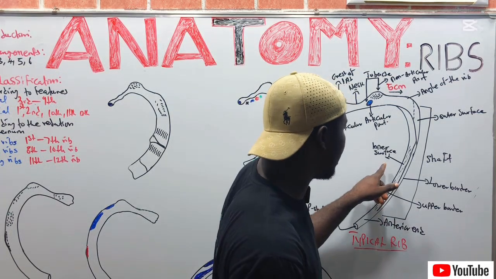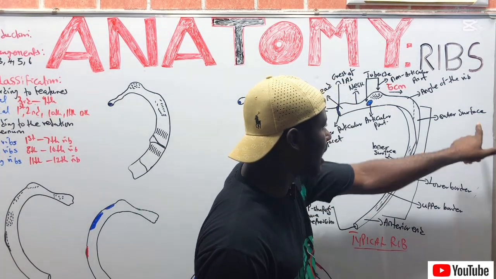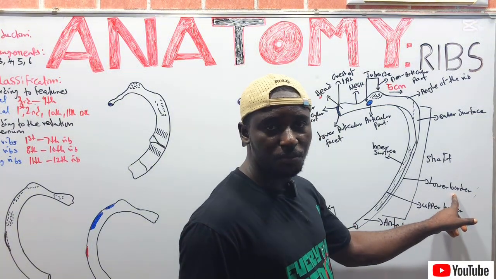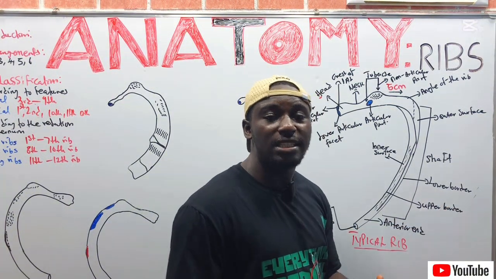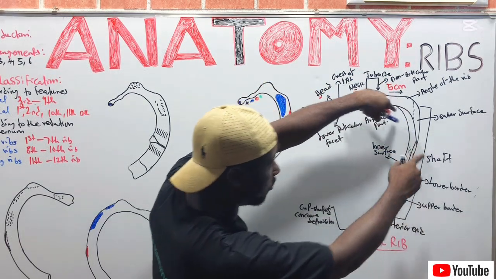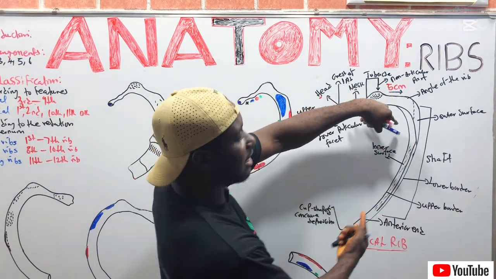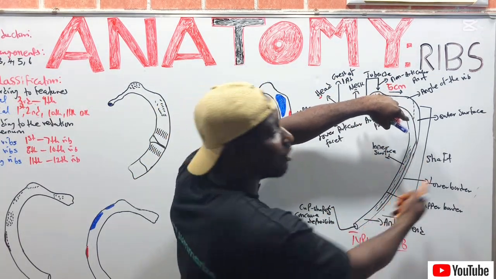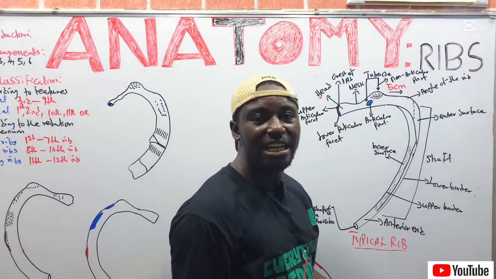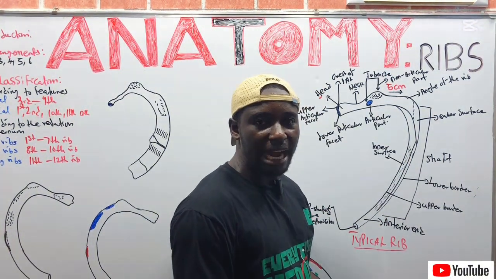It has an inner surface, an outer surface, an upper border, and a lower border. It is curved with a convexity that is directed outward.